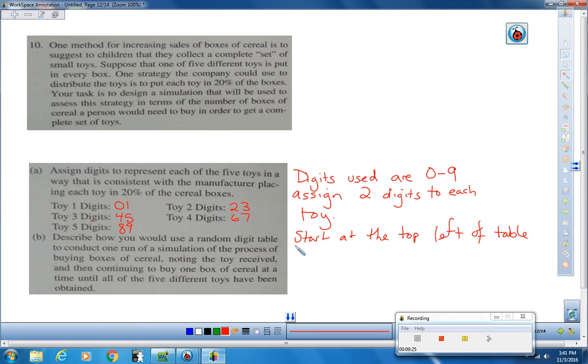We will keep collecting numbers from this table until all 5 toys are represented.